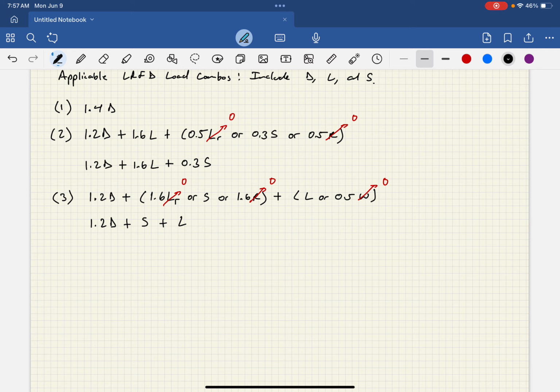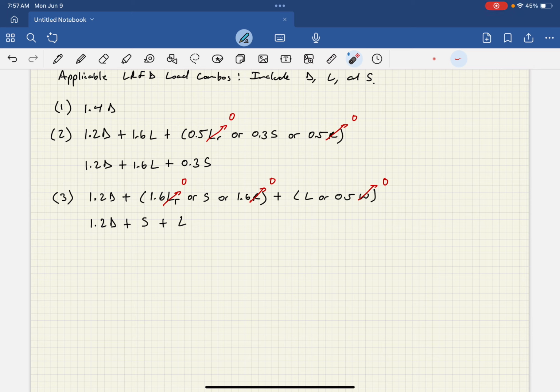Now, looking at these three load combinations that are applicable to us, can we further reduce any of these just off the top of our head? Probably not. You could argue, which one's going to govern, 2 or 3? Well, they both have a 1.2 dead load term.